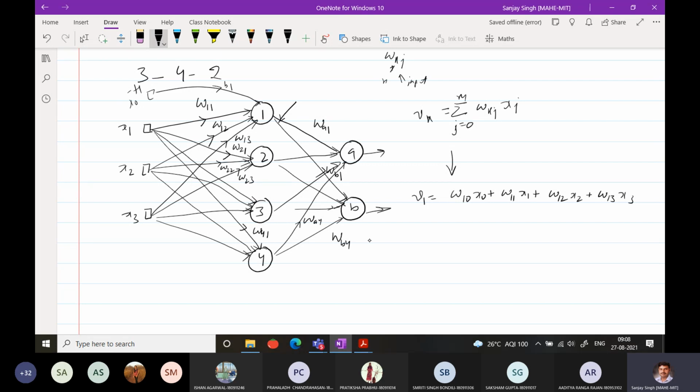Finally, the output of this one, if I want to name it y1, will be nothing but phi of v1. So this is all for one particular neuron. So we want to have a matrix like this. Forget about this for the timing, I'm talking about this kind of matrix.